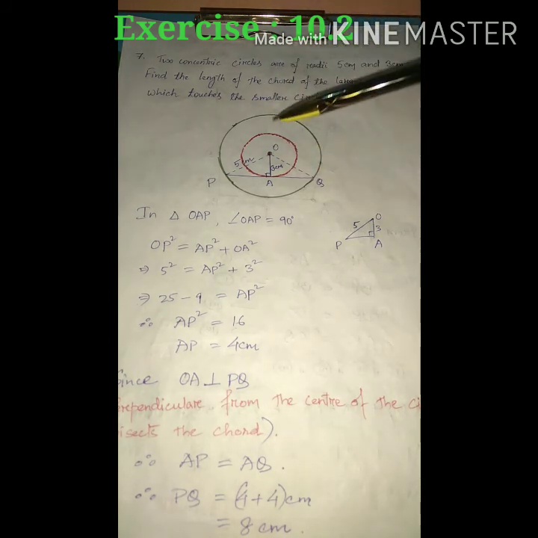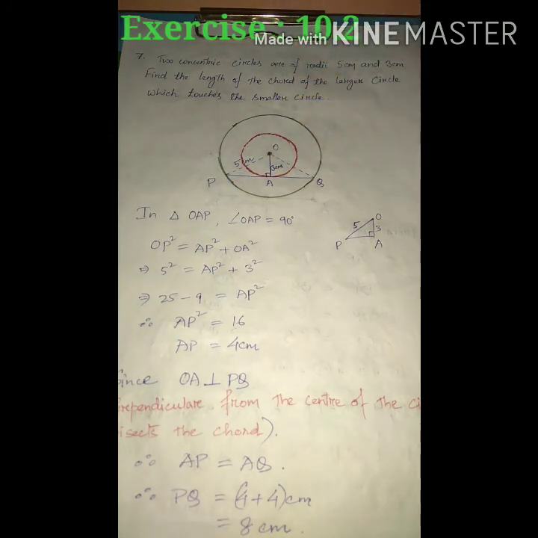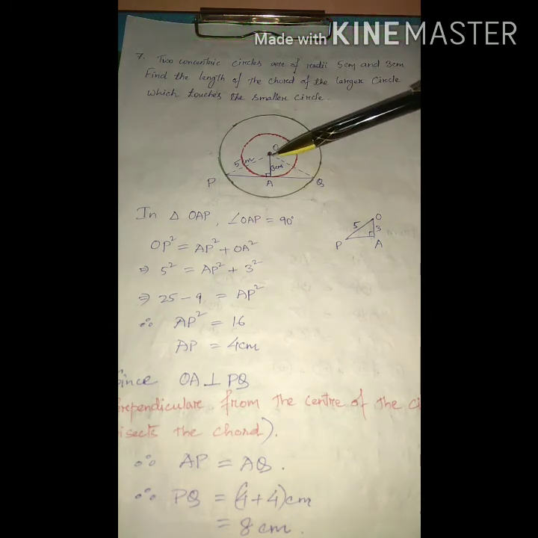So now here is a very simple question. If you consider the triangle OAP, in OAP you see angle OAP equals what? 90 degrees. So easily we can apply the Pythagoras theorem. Separately, in the diagram you drew, you see OAP. The angle is 90 degrees.